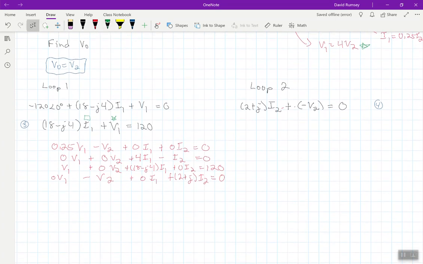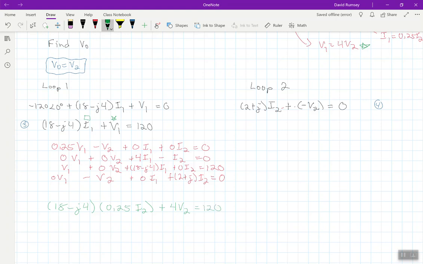So let's go ahead and do that and see what happens here. So I'm substituting into equation 3. So I have 18 minus j4. Now I1 is 0.25 I2. And then V1 is 4V2, and this is equal to 120.